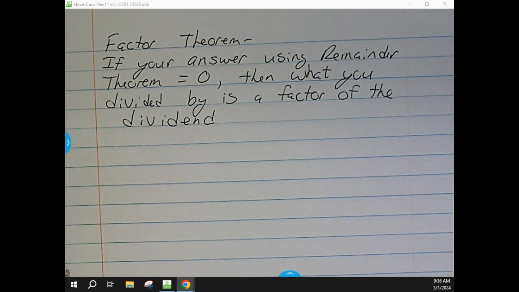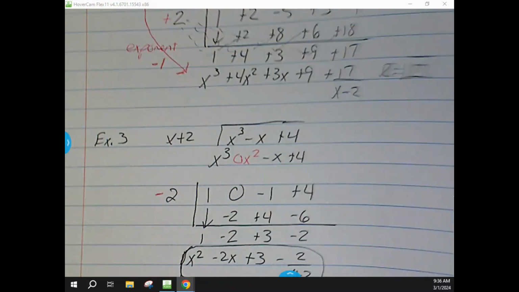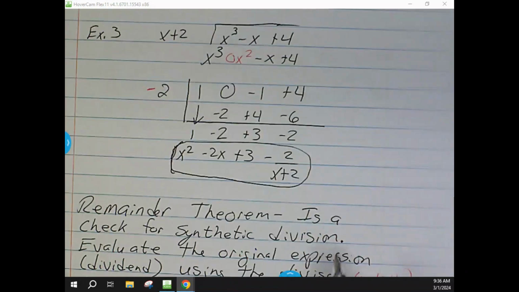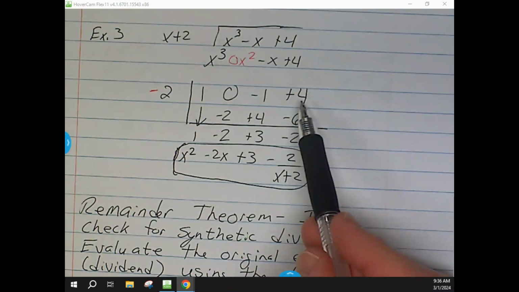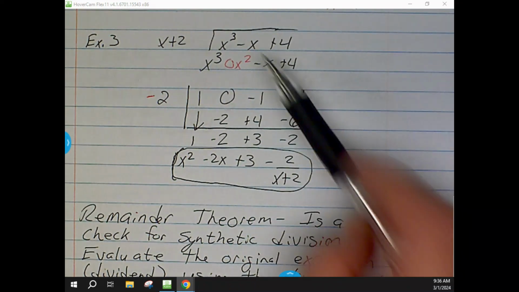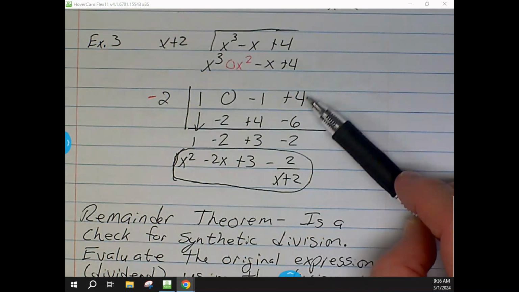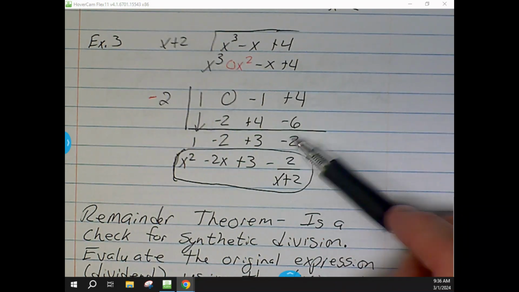Okay, so far, none of the examples we've had have had a remainder of 0. But here's what we're going to do. For this problem we had back here, if we tweak this last example, if this last term, instead of being a positive 4, had been a positive 6, everybody okay that this 6 minus 6 would have been 0?